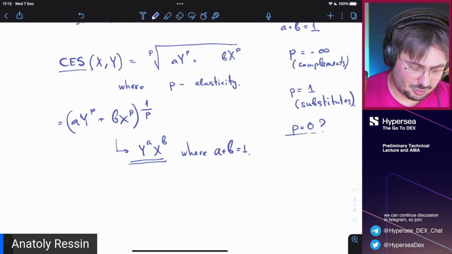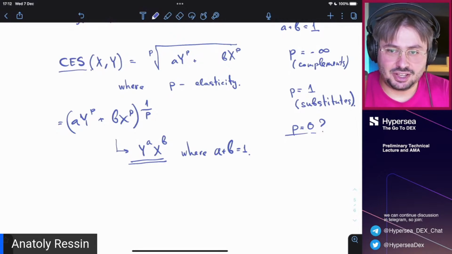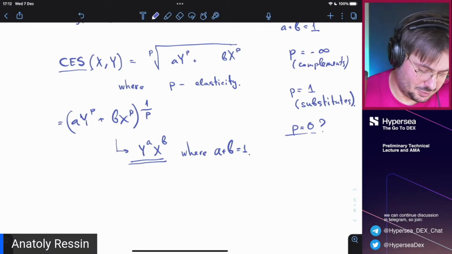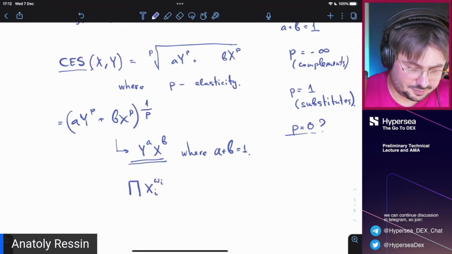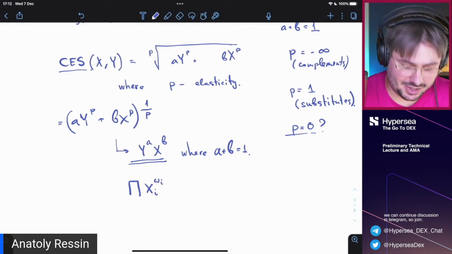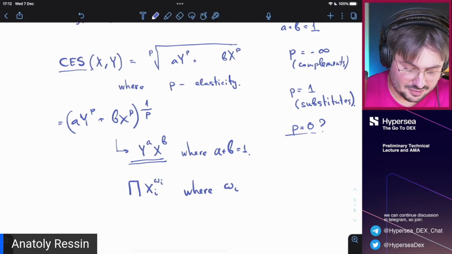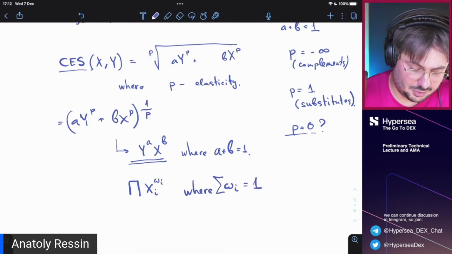Probably I can change the form of this formula to a product of x_i to the power w_i, where the sum of w_i is equal to 1.